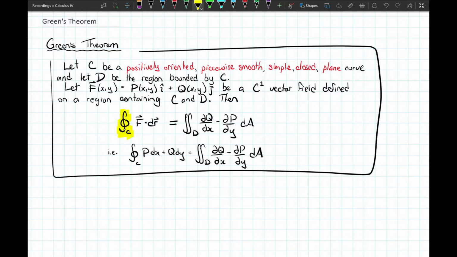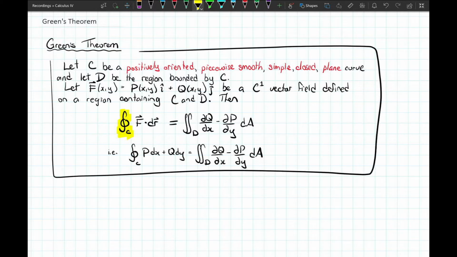So you'll notice this little circle there to indicate that this is a positively oriented closed curve. And our line integral can be replaced with a double integral, where we take the partial derivative of Q with respect to x and subtract the partial derivative of P with respect to y and integrate over that region. There's our dA for integrating over a region.